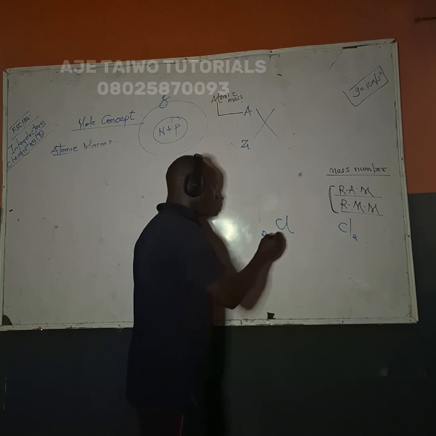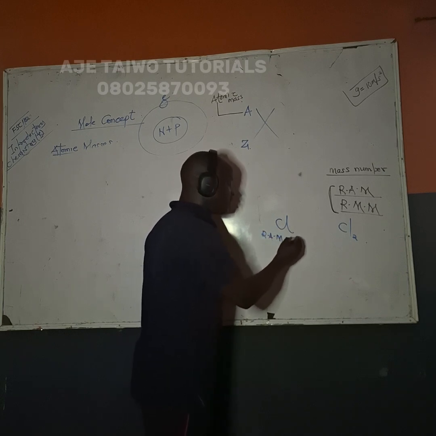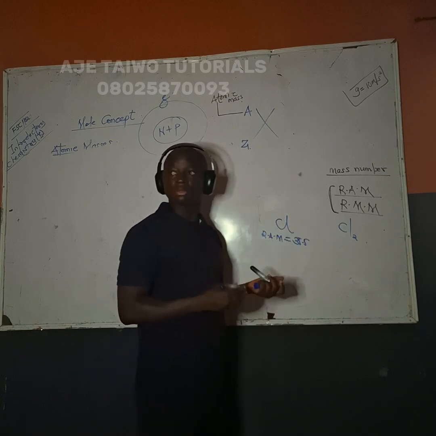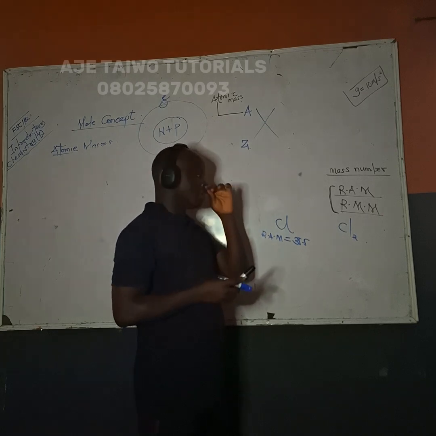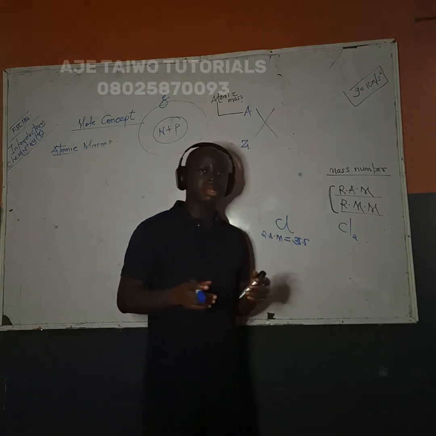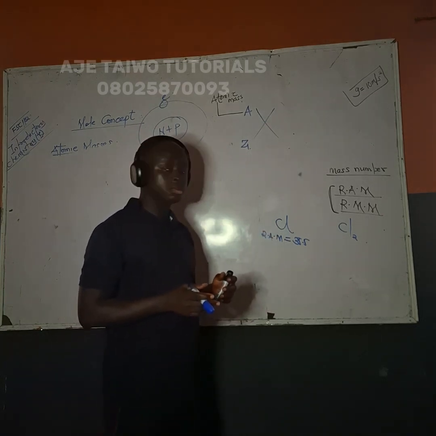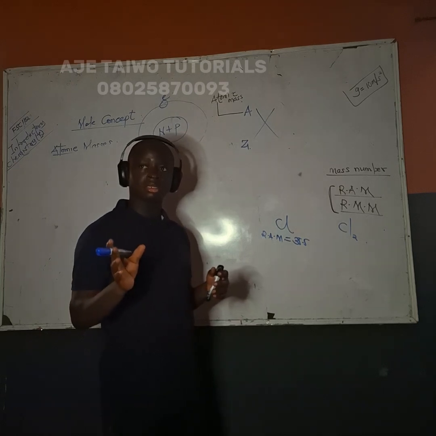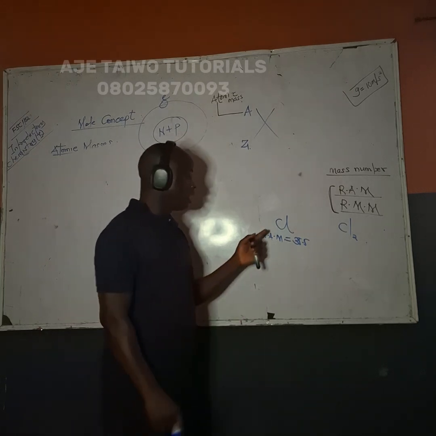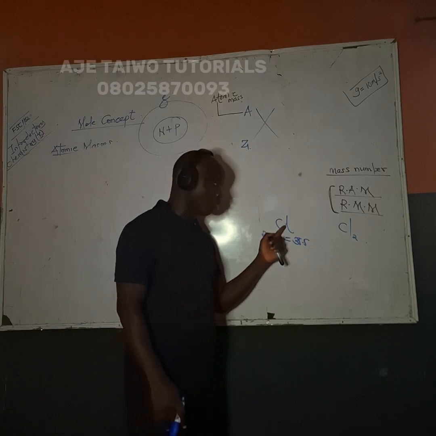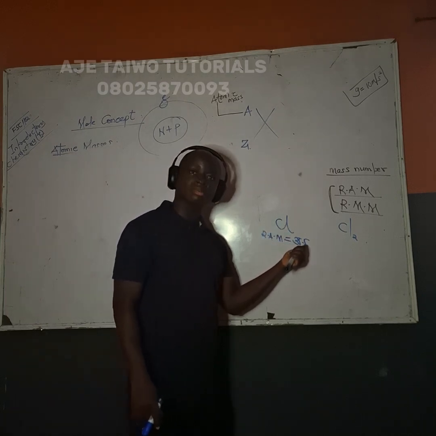Relative atomic mass of this chlorine atom is 35.5.